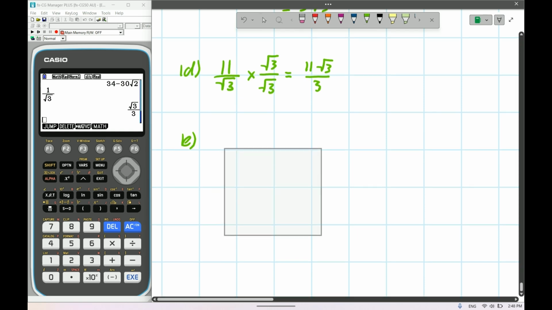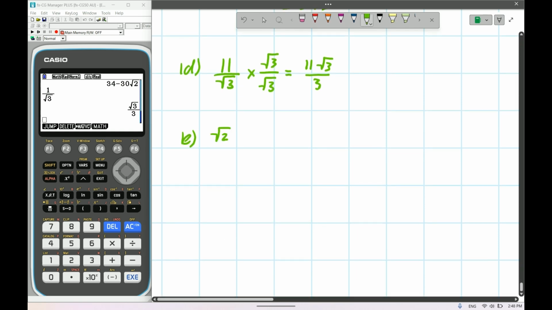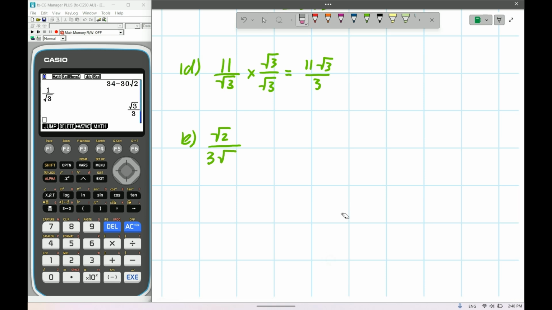1E. So now we come to the very first exception to the rule. For this one, the key thing is that we're multiplying by whatever the square root number is on the denominator. Okay, so in this case, because there's a square root 3 on the bottom, we multiply it by square root 3.